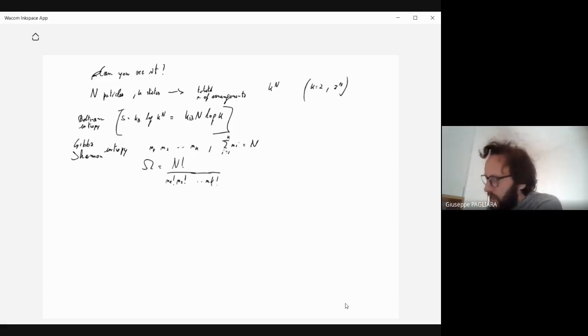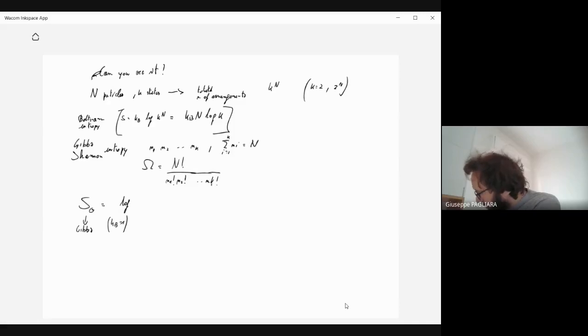Okay, and then we said, okay, we define the Gibbs or Shannon entropy as the log. So let me put here for just a moment, G stands for Gibbs. It is just, let's put also k_B equal to 1, just the log of omega, which is the log of n factorial over n1 factorial up to nk factorial.